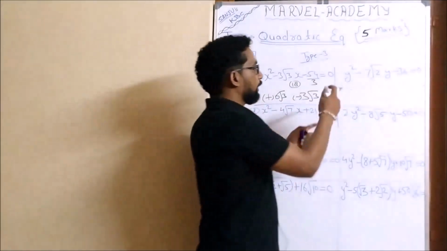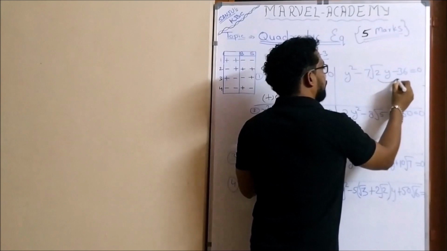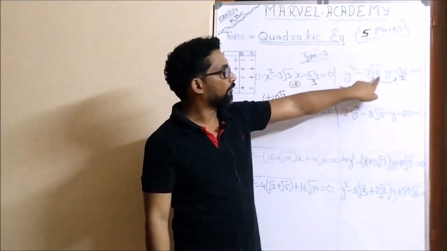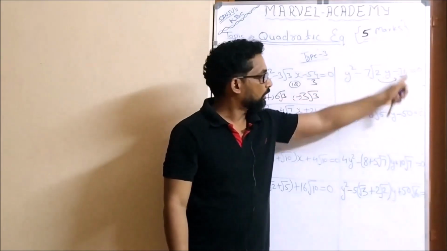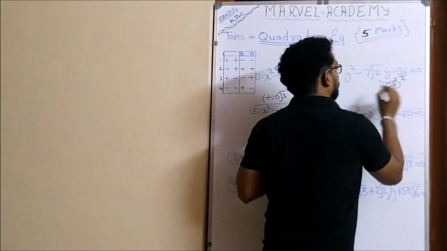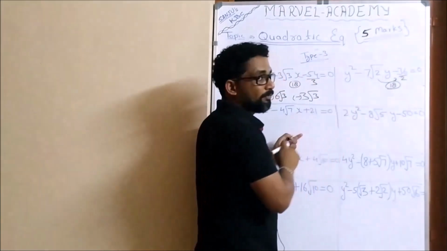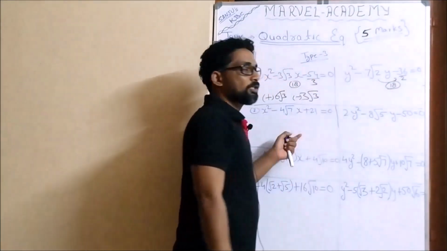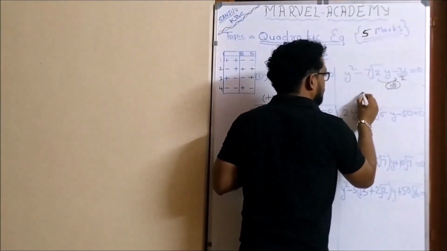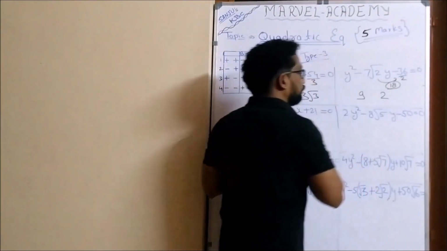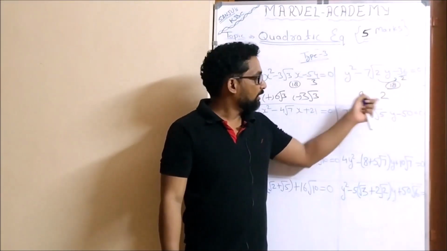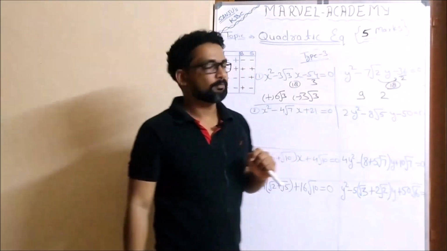Okay, here we have to divide 36 by 2 because the value of root is 2. So 36 divided by 2 is 18. Now the multiple value is 18 and the addition value should be 7. So what could be the factors? That is 9 and 2, because 9 into 2 is 18 and 9 minus 2 is 7.